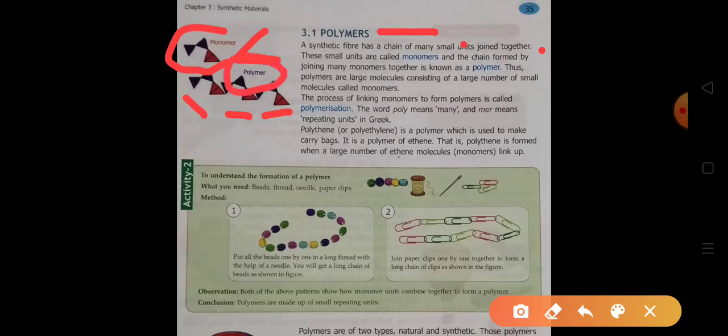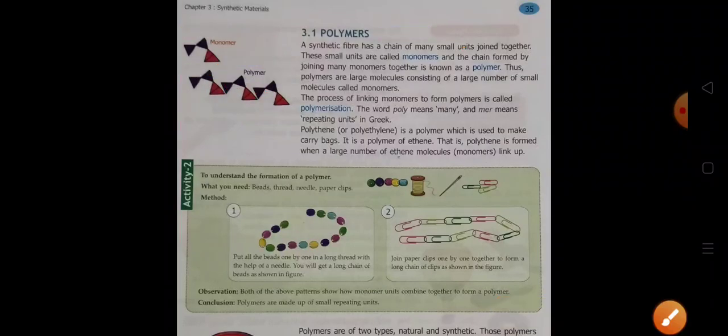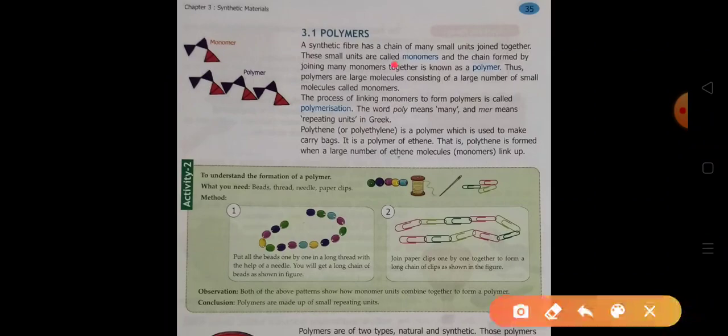This is the chemical fiber. So synthetic fiber has a chain of many small units joined together, and these small units are called monomers, and the chain which is formed is called a polymer. So polymers are large molecules consisting of a large number of small molecules, that is monomers.